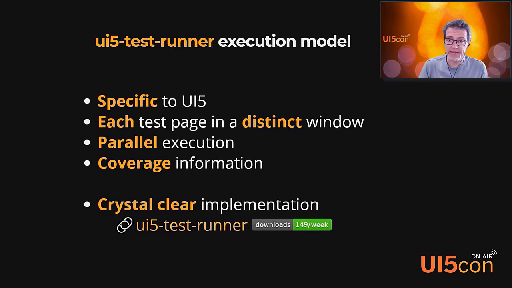And because of that, it's, I would say, not necessarily optimized, but it understands how UI5 executes the tests, and it leverages this understanding to execute all test pages individually in distinct windows. So this enables parallel execution. And as I showed you, it also enables coverage information extraction.